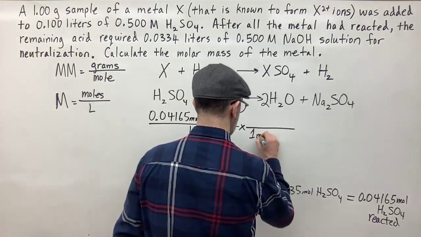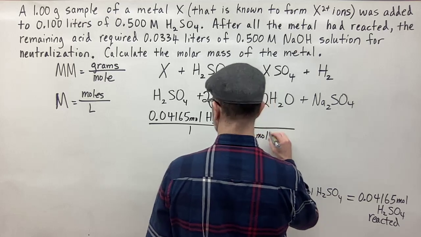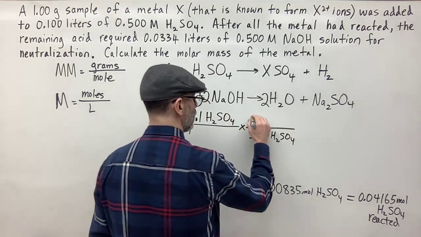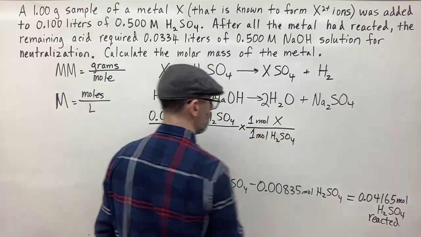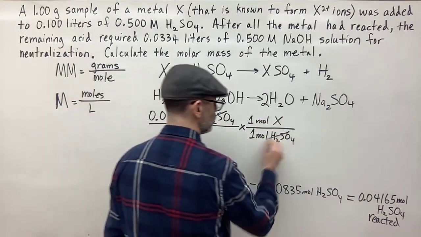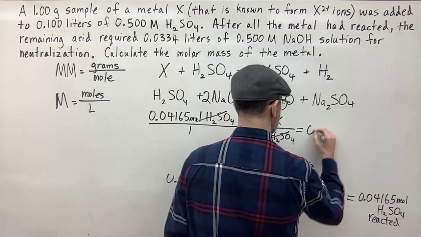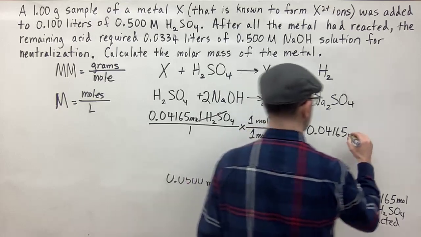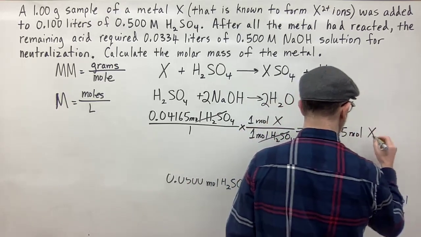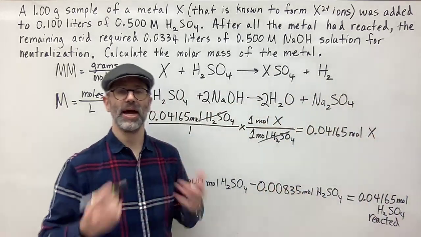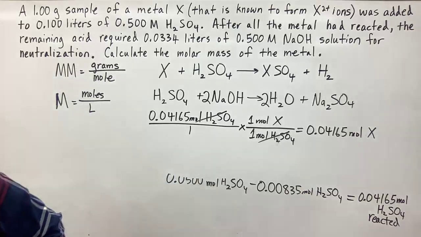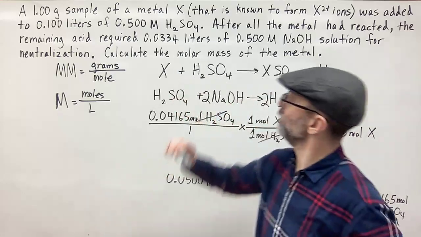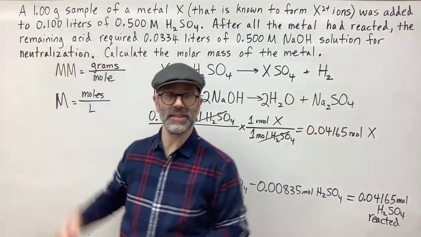On the bottom, I'm going to have 1 mole of the H2SO4, and then on top, 1 mole of our metal X. So moles cancel out, and of course, it becomes 0.04165 moles of X. So now we have moles of X. Let me just double check to make sure. Yep.